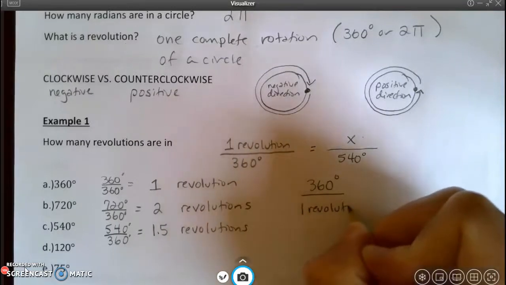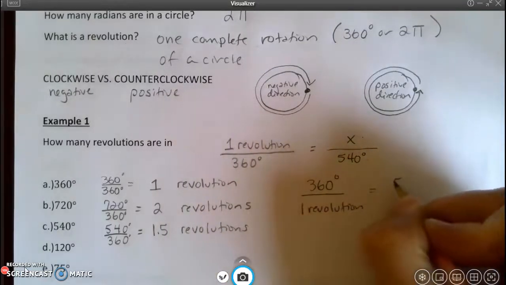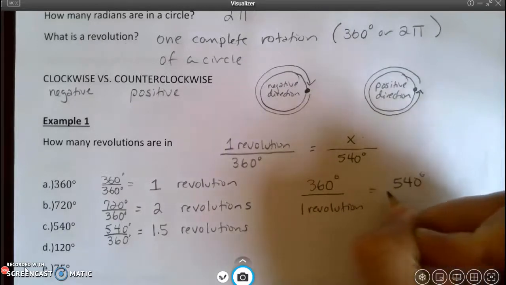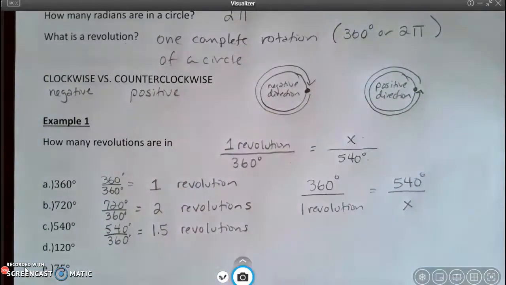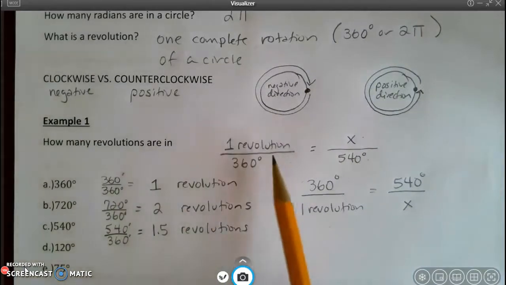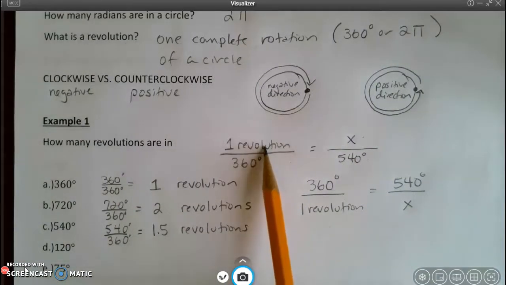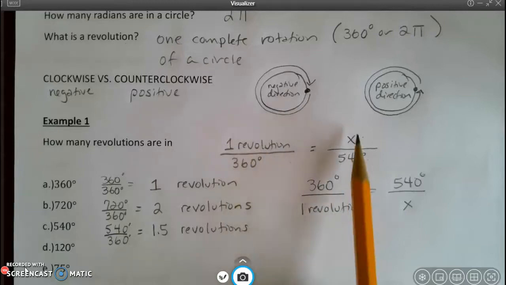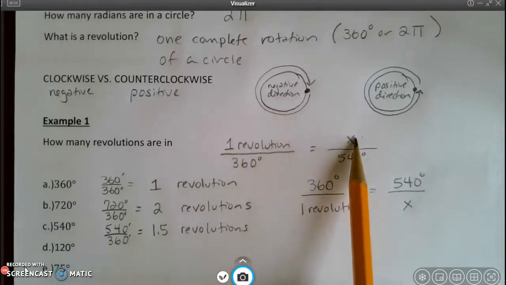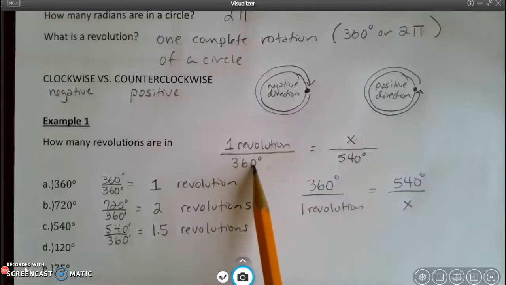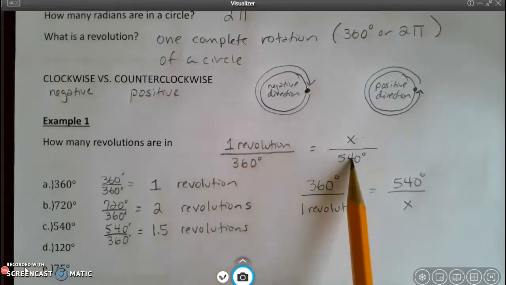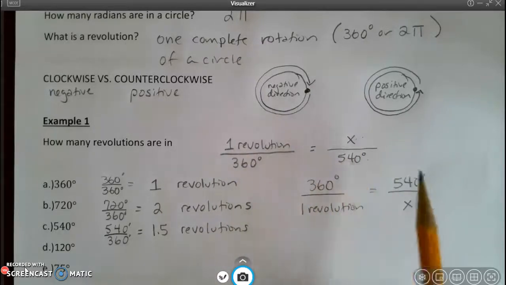Could have written it this way. Therefore, 540 degrees is how many revolutions? Again, notice anytime you set up a proportion, if the numerator is revolutions in the first fraction, the numerator is revolutions in the second fraction. If you have degrees in the denominator, you have to have degrees in the denominator.